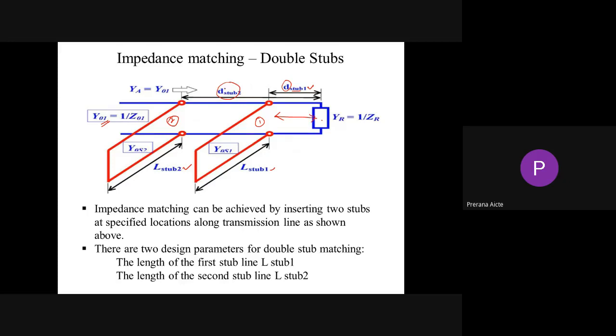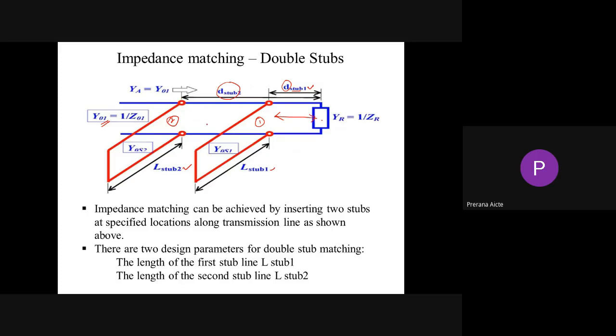Now, impedance matching can be achieved by inserting two stubs at the specified locations along the transmission line as shown in this figure. So we have to use two stubs in this transmission line to match the impedances. Once the impedance is matched, then the reflection is equal to 0. How the reflection is 0, we'll see in the next topic.